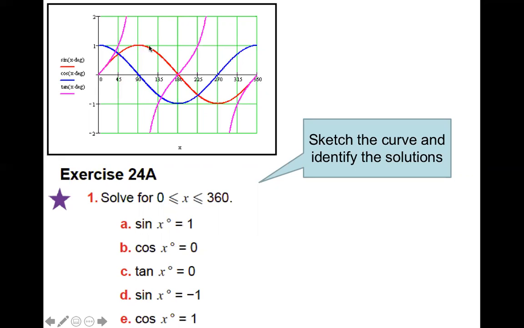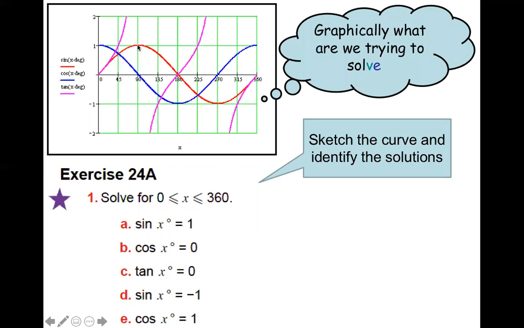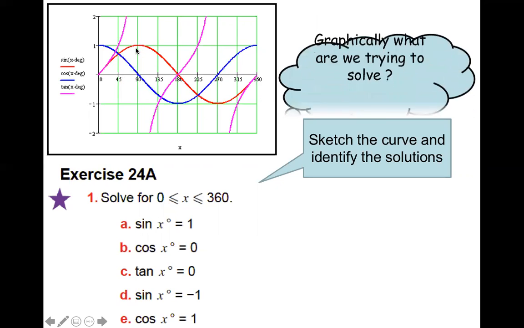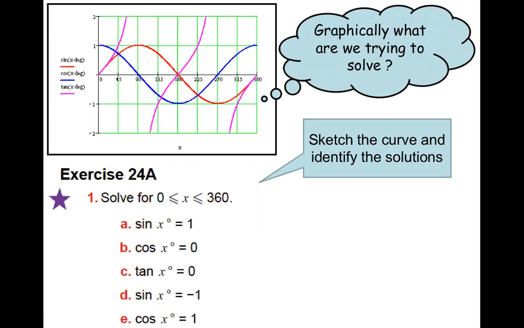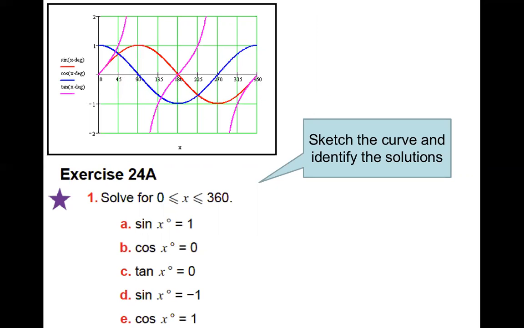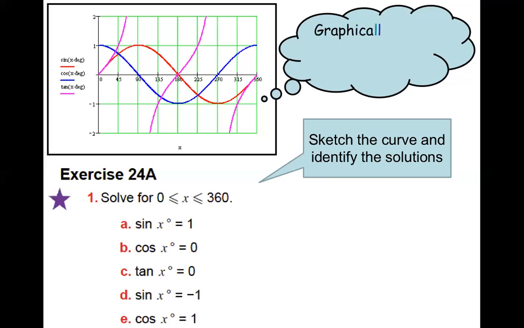So the only time where sine x is equal to 1 should be when x is equal to 90 degrees. So what we're trying to solve here, as you can see, is x equal 90 degrees for sine x equal 1.